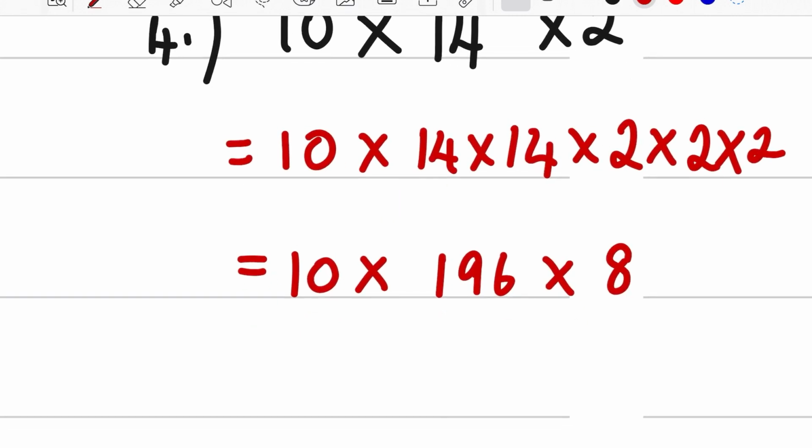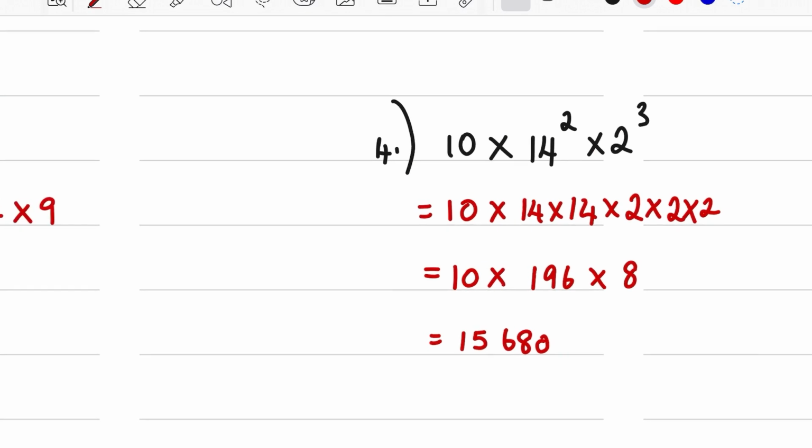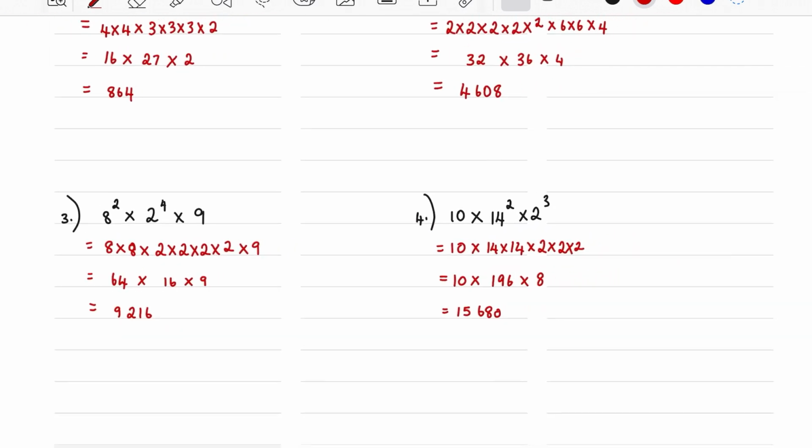So we have 10 times 196 times 8. The order in which you multiply does not matter, but your answer should be, when you multiply, 15,680. And that is your answer for question 4.